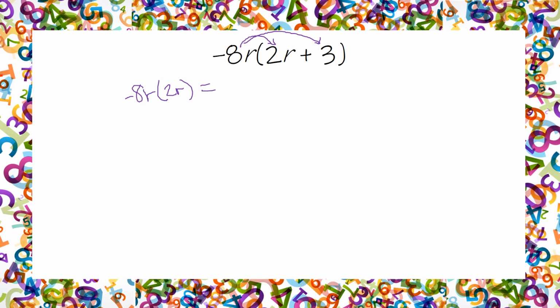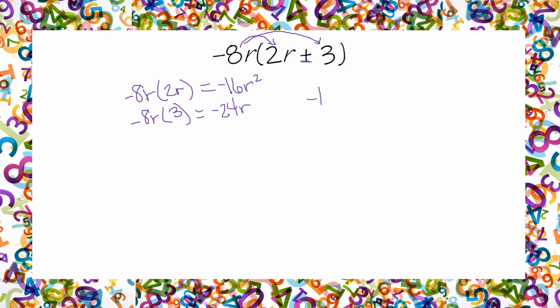Negative 8 times 2 is negative 16, and r times r is r squared. Then we're going to say negative 8r times 3, and it's a positive 3 because of that plus sign. So negative 8 times 3 is negative 24, and the r just goes along for the ride.